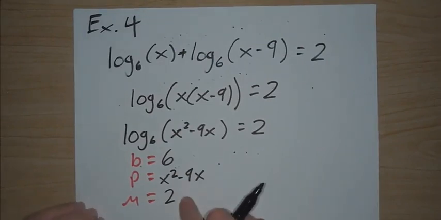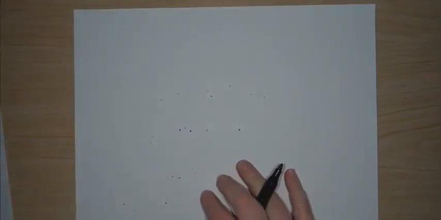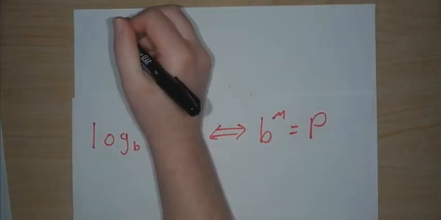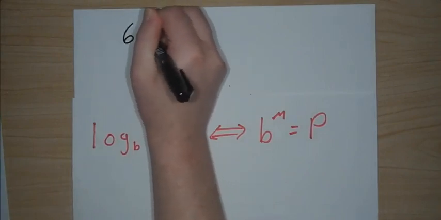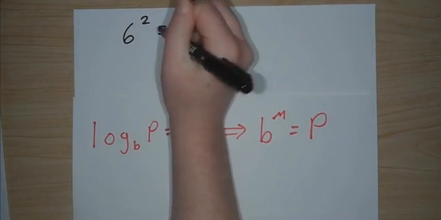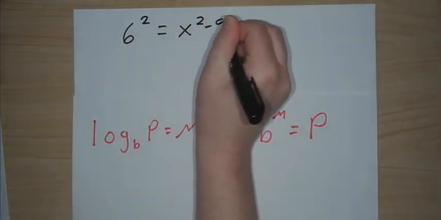So now we're going to use our b, p, and m and write this in exponential form. In exponential form, we have b to the m is equal to p. So our b was 6. Our m was 2. And it was equal to our p, which was x squared minus 9x.